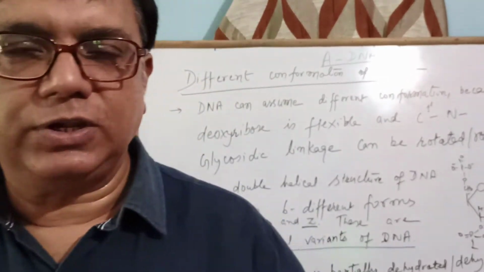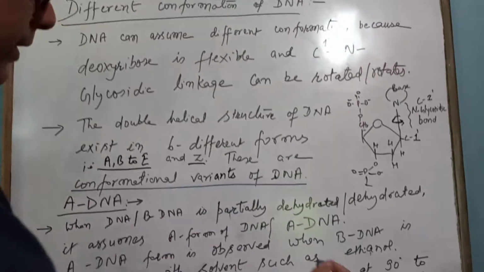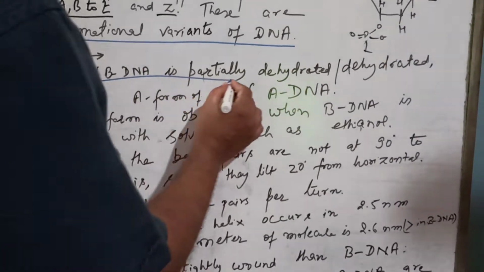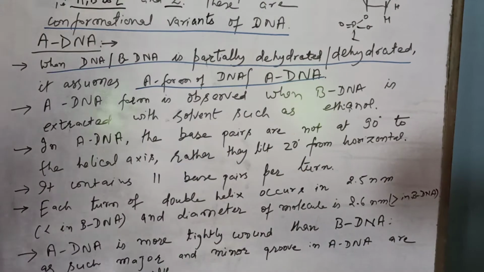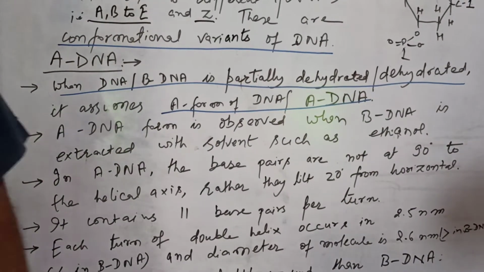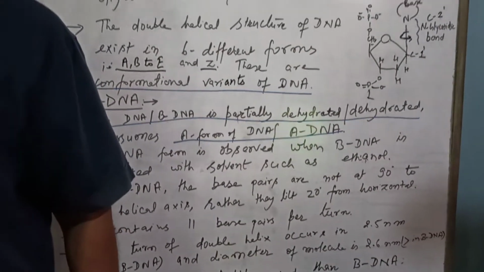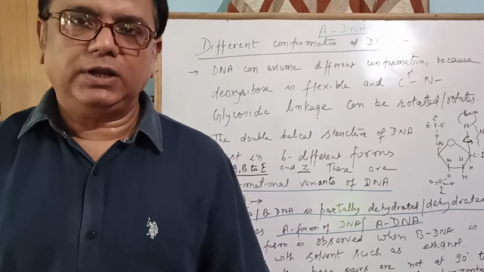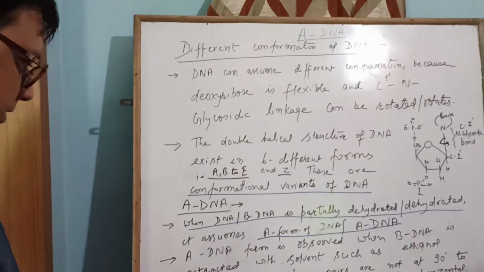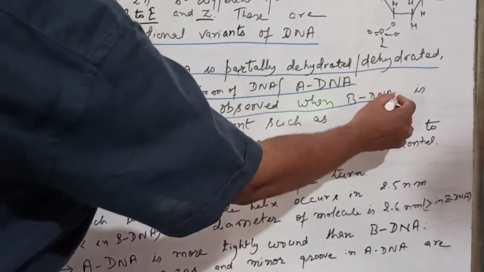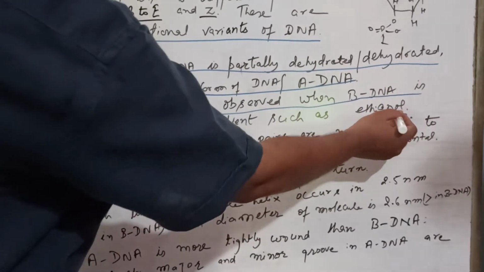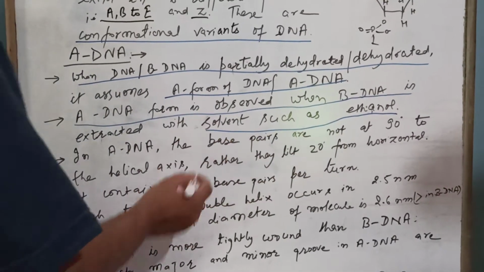The conformation changes and you get A-DNA. So when DNA is partially dehydrated, the A form of DNA is formed. Also, when you treat the B-DNA with ethanol, you get A-DNA.